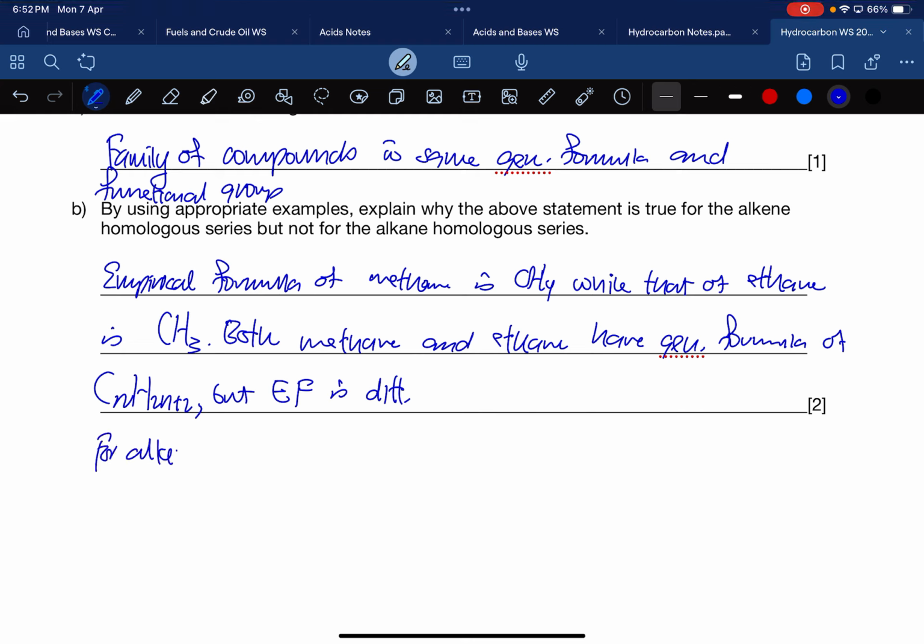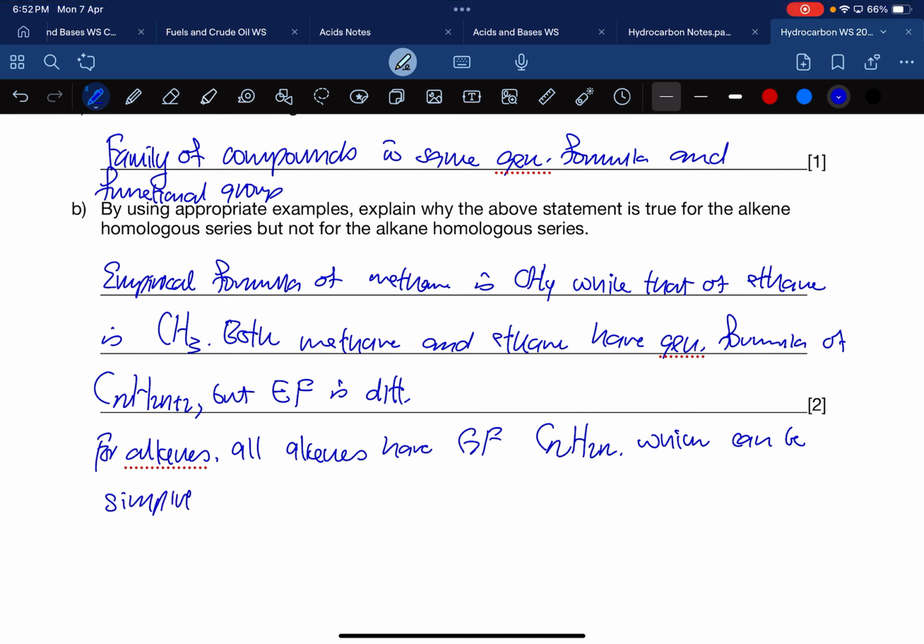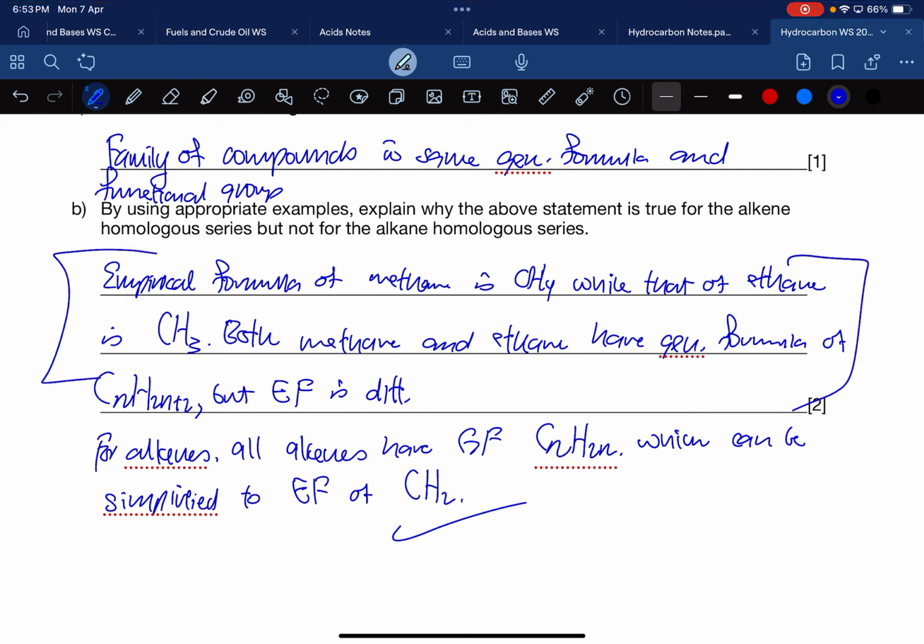For alkenes, all alkenes have general formula CnH2n, which can be simplified to EF of CH2. So this statement is always true, but it doesn't work for alkanes, and you have to give me an evidence of a case where it doesn't work.